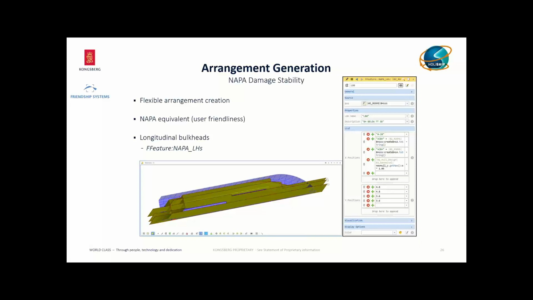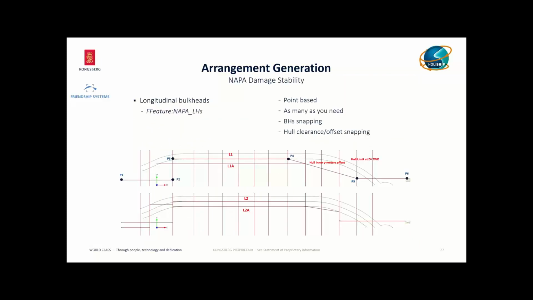We then need to generate the longitudinal bulkheads, and these can get very complicated. We keep it as similar to NAPA as possible to make it easier for other people who are used to working with NAPA to work with CAESES in the future. And we can also create these longitudinal bulkheads, make them snap to bulkheads or points or offsets from the hull, so we know that it satisfies at least, let's say, 1 meter from the outer hull. That is for construction purposes or for damage and clearance purposes.